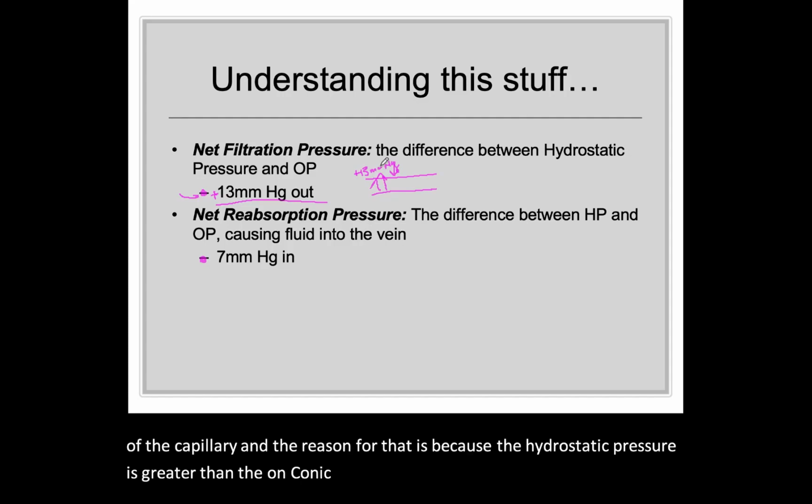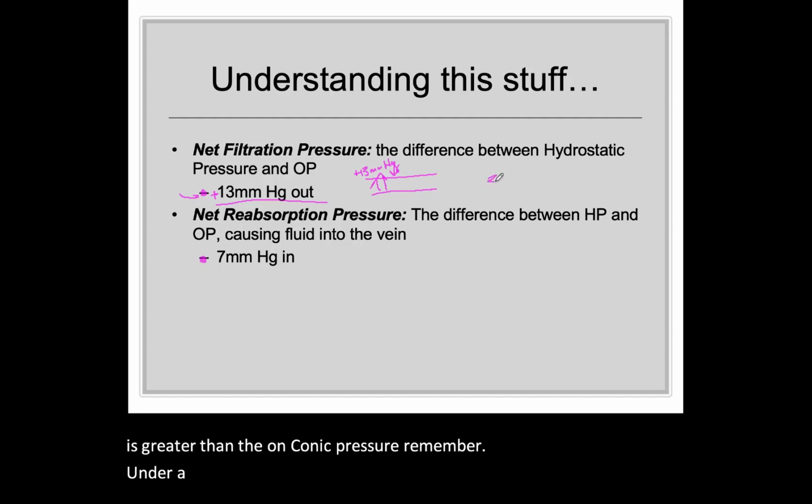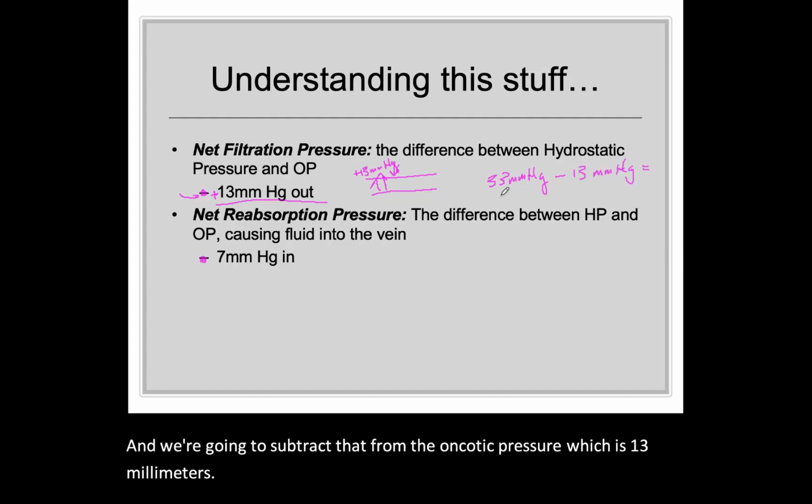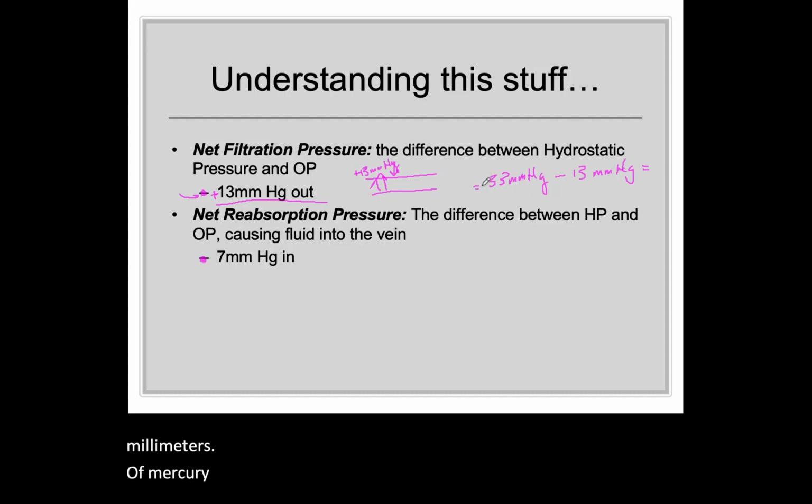Remember, under a normal circumstance, hydrostatic pressure is 33 millimeters of mercury, and we're going to subtract from that the oncotic pressure, which is 13 millimeters of mercury, which equals NFP, net filtration pressure.